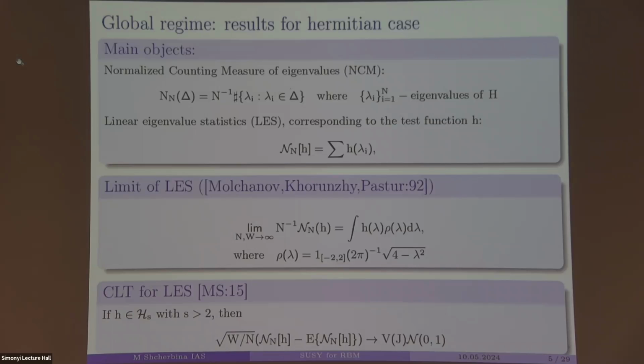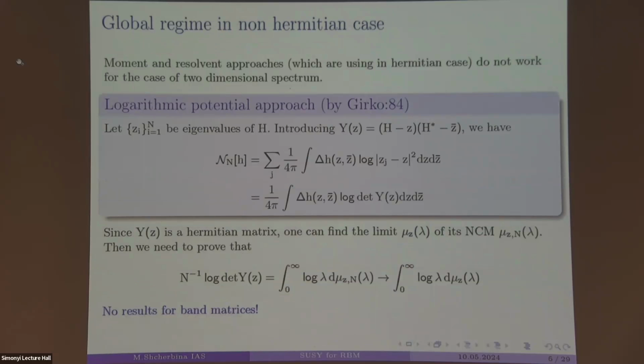But if your spectrum becomes two-dimensional, then you cannot just consider polynomials, because polynomials of z do not make a dense set in the set of all continuous functions. Therefore, these methods cannot be applied in the case of non-Hermitian matrices. And here, the problem of what to do was solved, in fact, many years ago.